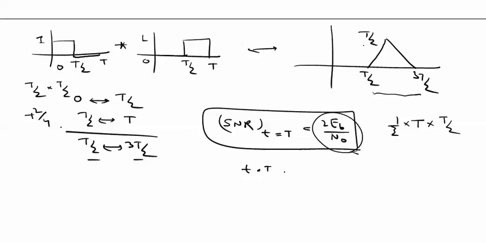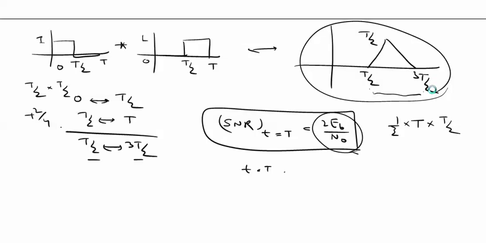We know everything about this term. So for this type of input, this is our result from T by 2 to 3T by 2, with the peak 2Eb upon N naught.